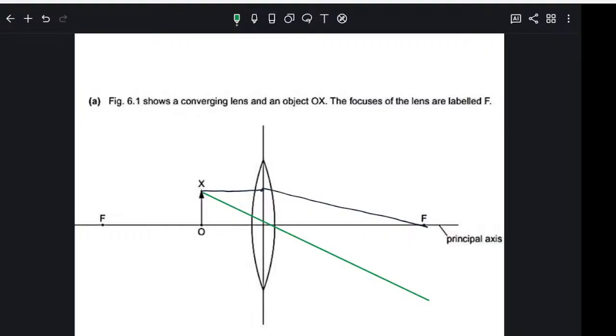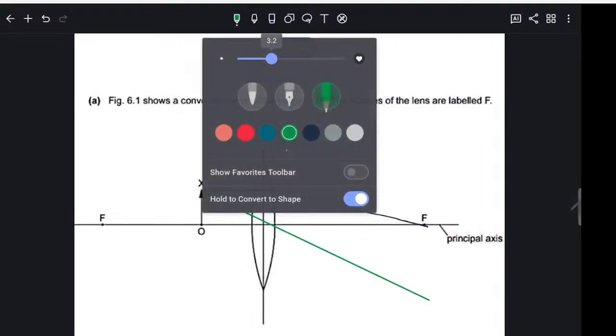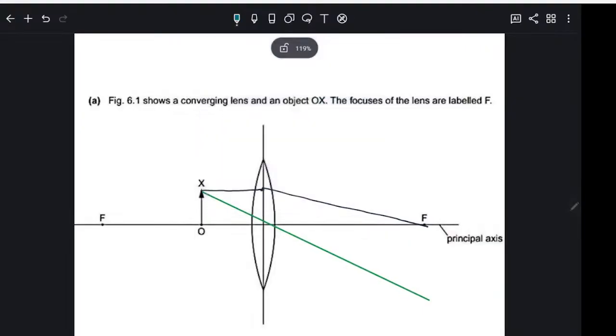Okay. So how many lines should you put on a ray diagram? The important ones. 2, class. This one, which goes straight, then goes to the focal point and passes, or this one. Are we together?